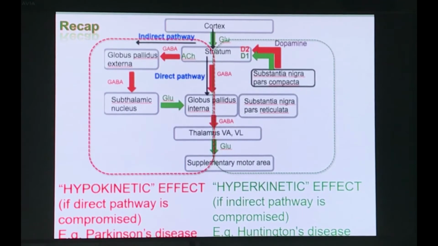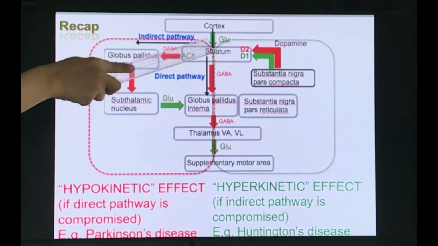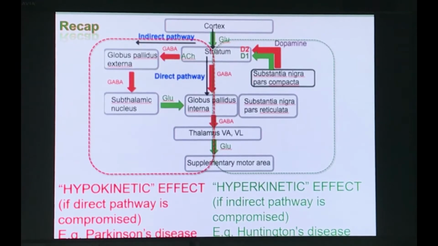That means through the D1 receptors they mainly influence the direct pathway, and through D2 receptors they inhibit the indirect pathway. So when you see the neurons present in the striatum, the neurons which have connection to the indirect pathway, that is the neurons which are connecting to the globus pallidus externa, express D2 receptors.